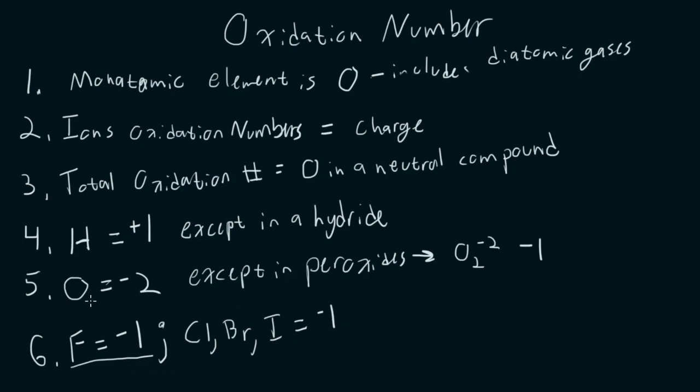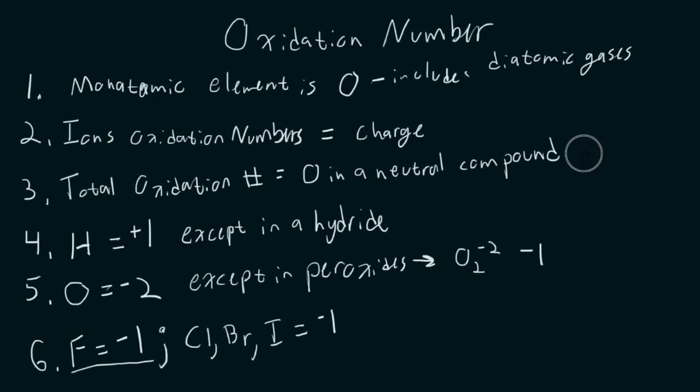So if bromine is attached to oxygen, bromine is going to be positive because oxygen is going to be -2. If chlorine is combined with fluorine, chlorine is going to be positive because fluorine takes the exception. Okay? So these are all of the rules of our oxidation numbers. So let's try and put these into practice and see if we can figure this out for the reaction that we stated above.